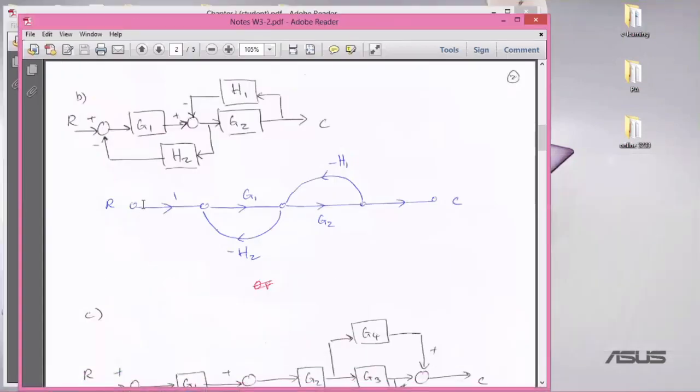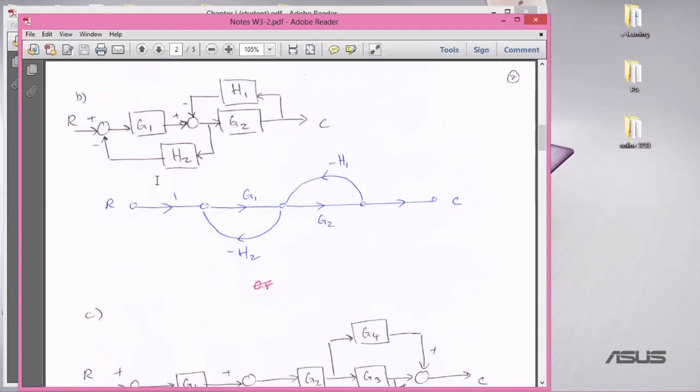So this is the input node R, which only has outgoing branches. This is the output node C, which only has incoming branches. You cannot put C here because now you have both incoming and outgoing branches. An input node can only have outgoing branches, and an output node can only have incoming branches.